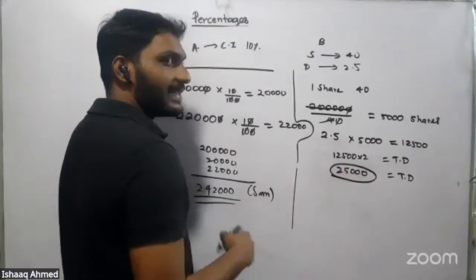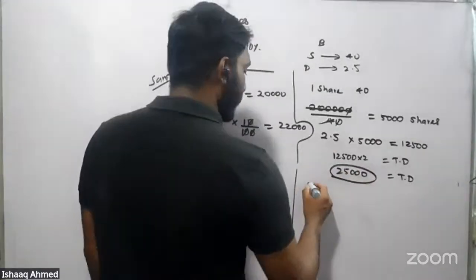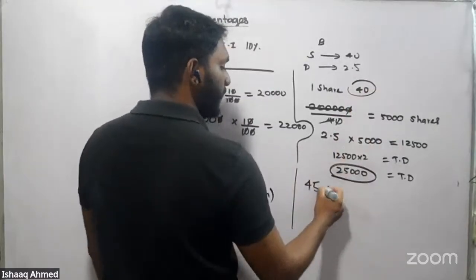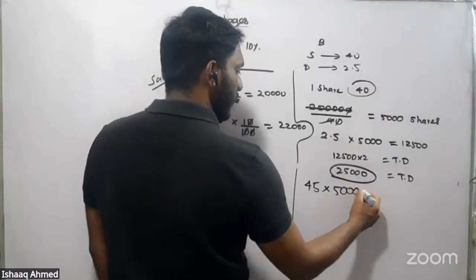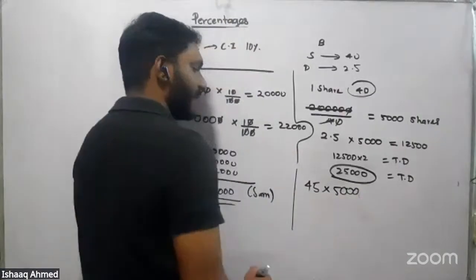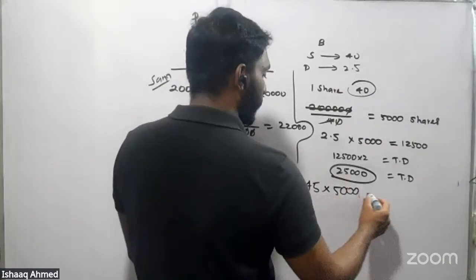After that, he's selling a share for 45 rupees. He bought for 40 rupees, selling for 45. So he's selling 5,000 shares at 45 per share.